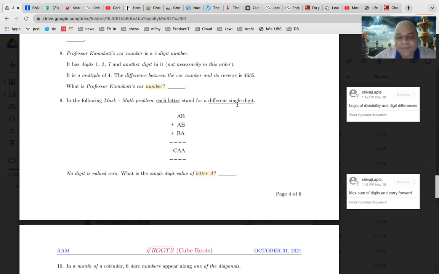Because B plus B is 5 plus 5, 10, plus A is A, with carry forward 1. B is again 5 plus 1, 6. Now 6 plus 2A is equal to CA, in the sense 10C plus A. So 6 plus 2A is equal to 10C plus A. Can you check this?